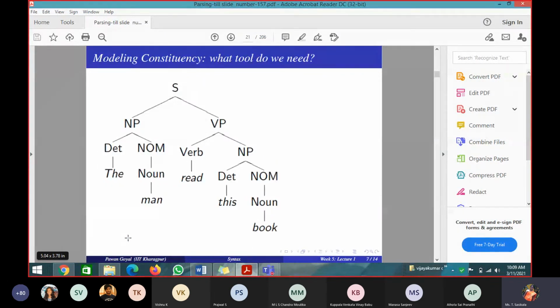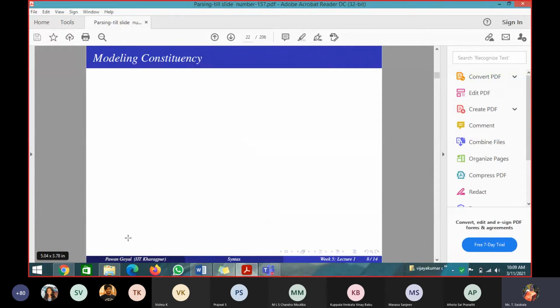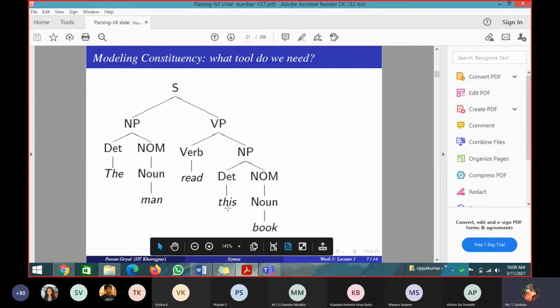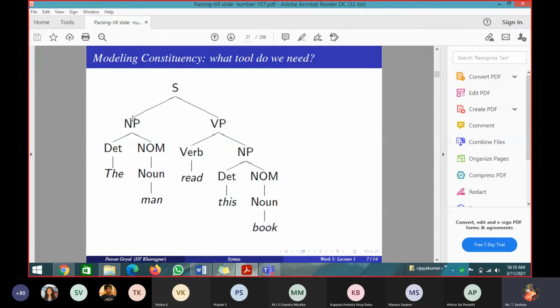Okay. So modeling these constituencies, this is the tree which I have shown you: the man read this book. How to construct the parse tree is the main thing. We know the man read this book is the words given in the sentence, and we know determiner, noun, verb, determiner, nominal are called POS tags, and we know what phrases are: a collection of related words together.